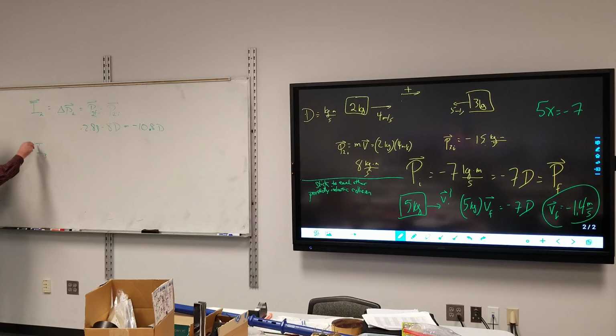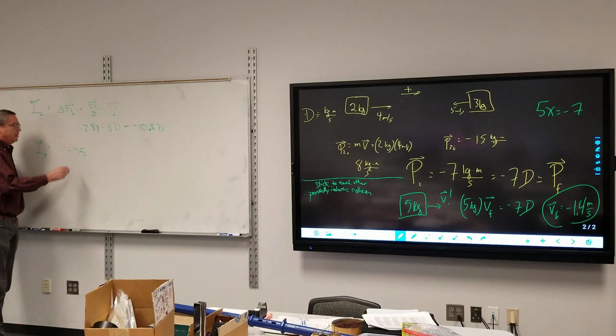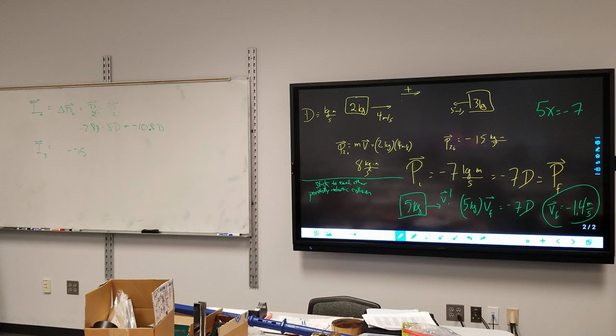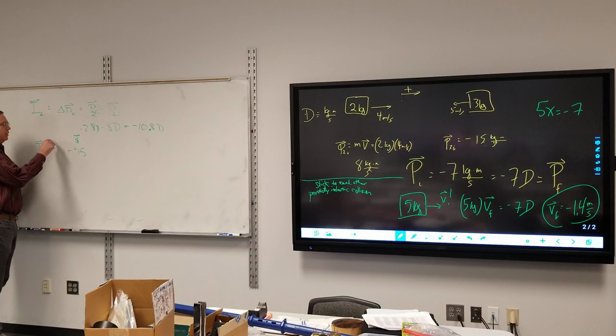The impulse on the 3 kilogram mass is going to be something minus, is it negative 15? Well, the mass is 3, the velocity is negative 1.4. This is P initial, and this is the final for the 3 kilogram piece of it.